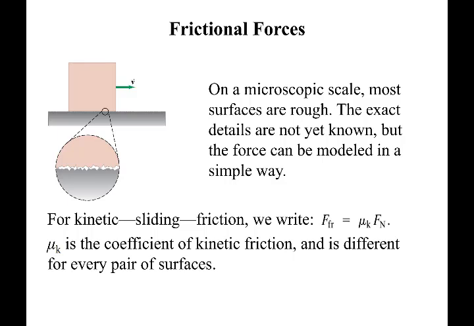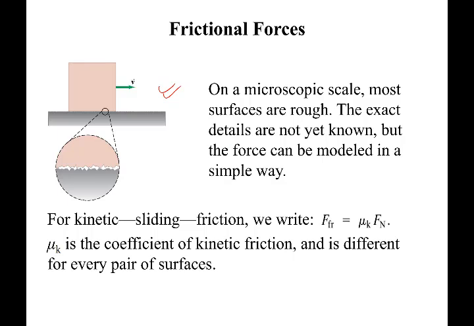Still, we can deal with its more elementary general characteristics and understand the circumstances in which it behaves. In short, we define friction as a force that opposes relative motion between surfaces in contact. On a microscopic scale, as in this picture, most surfaces are rough and have grooves.